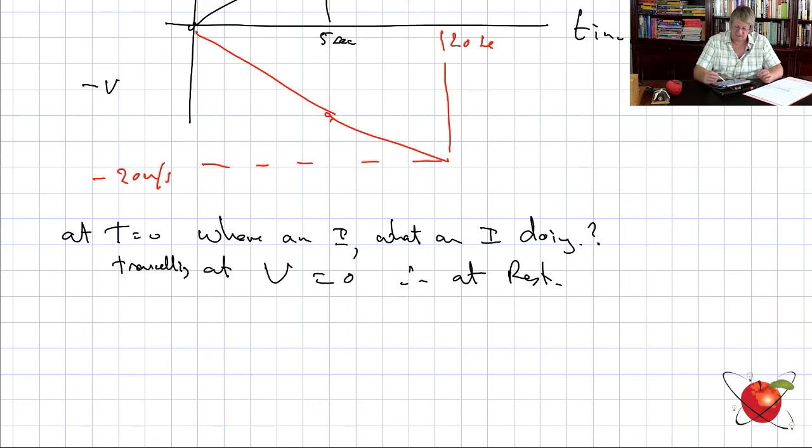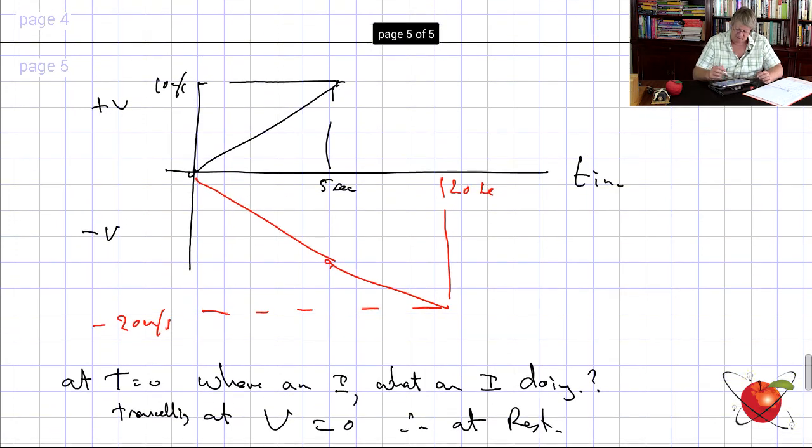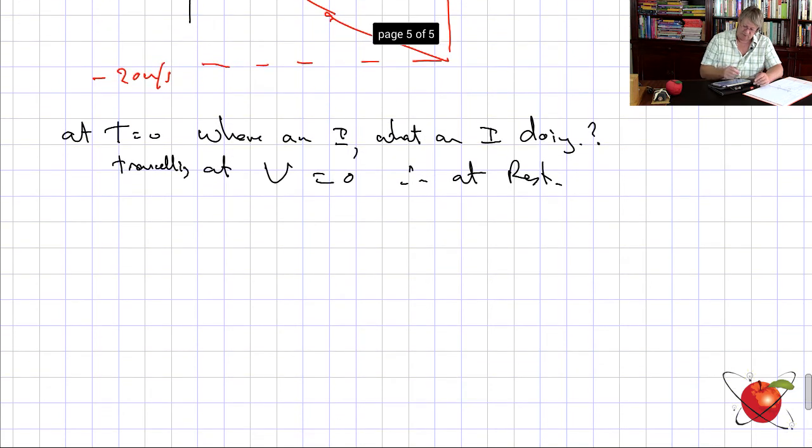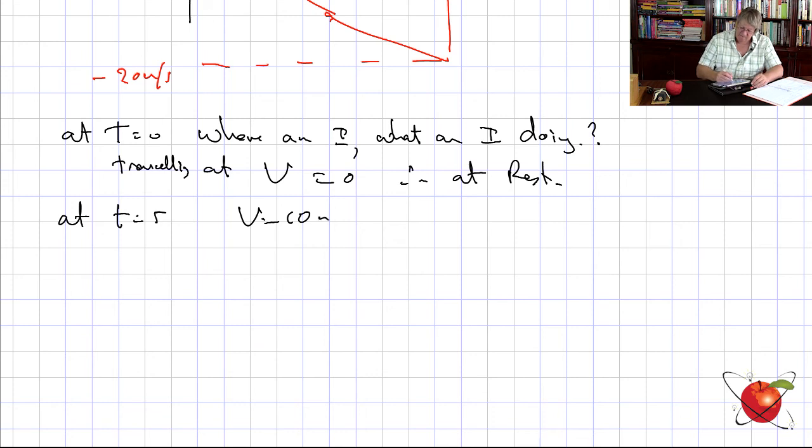See what I did? I went to the graph and said, what am I doing? Let's have a look at the next one. After 5 seconds, I'm traveling at 10. Therefore, at t equals 5, v equals 10. My v final equaled 10, v initial was 0.